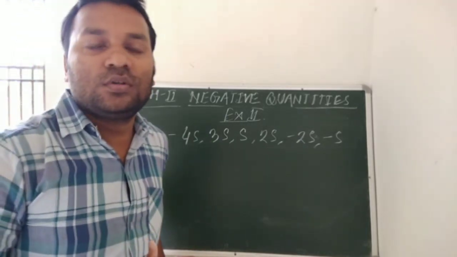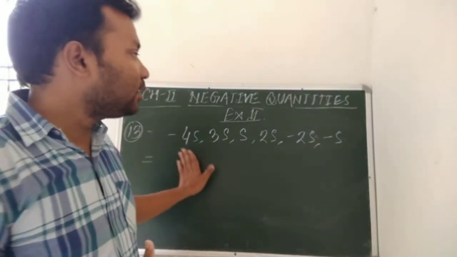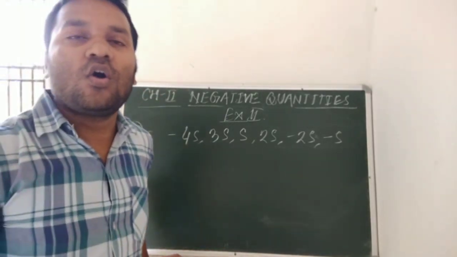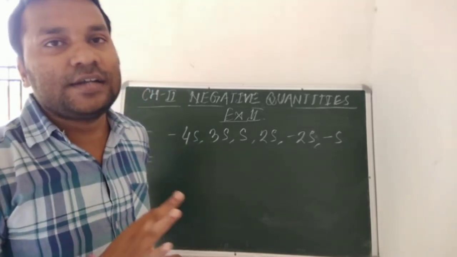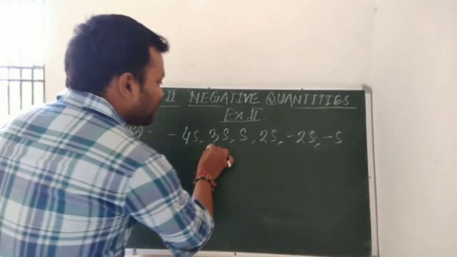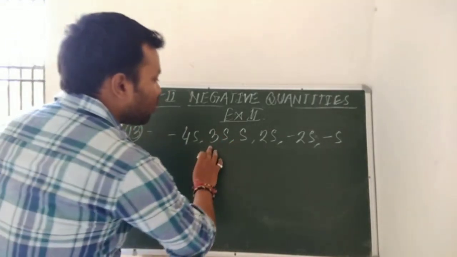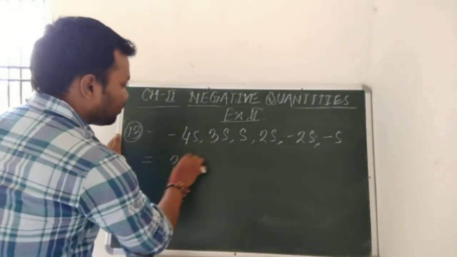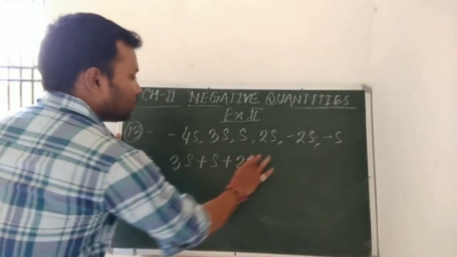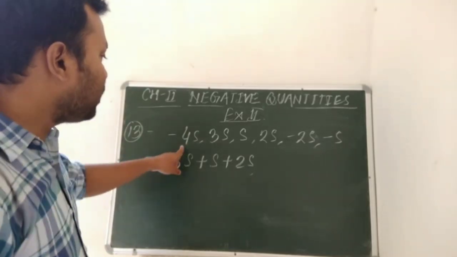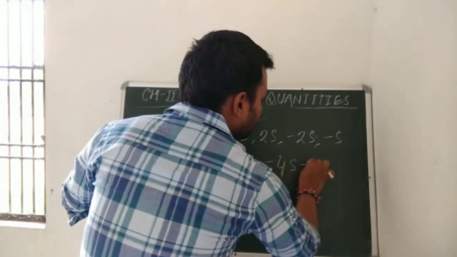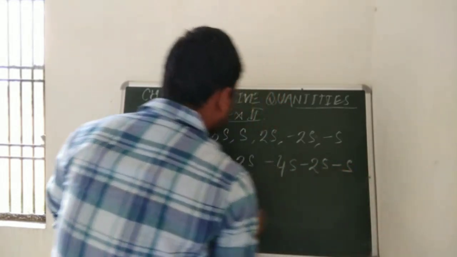According to rule number 4, to get the sum of all these terms, we have to collect all the positive terms together and all the negative terms together. What are the positive terms here? 3s plus s plus 2s. And again we have to collect all the negative terms together. What are the negative terms? Minus 4s, minus 2s and minus s.